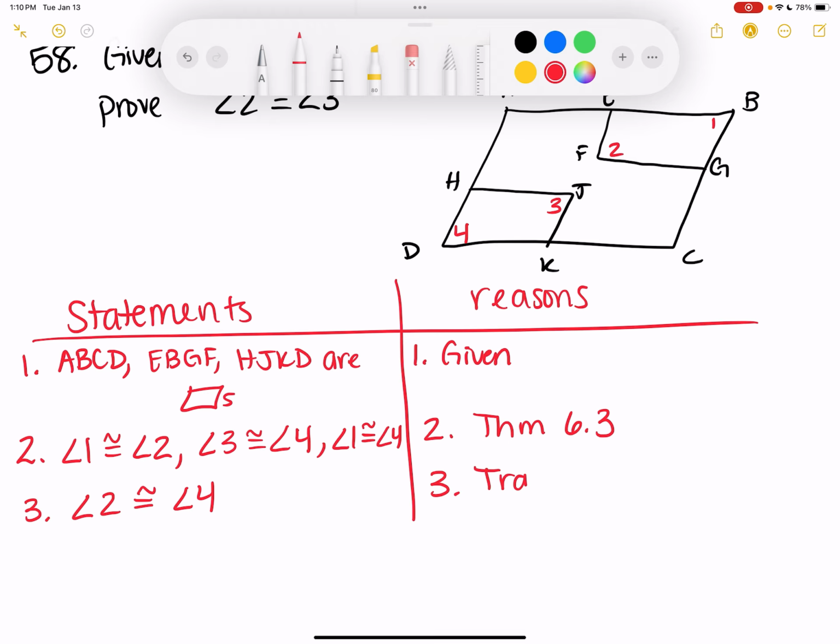Yep, transitive property. And then ultimately what? Oh, I just wrote a 5 there. Angle 2 is congruent to angle 3 by, yep, transitive property.